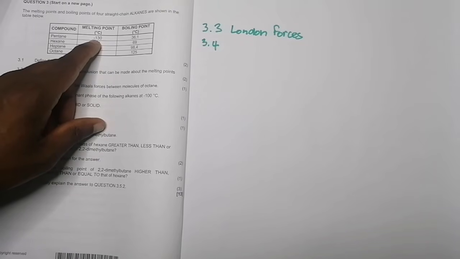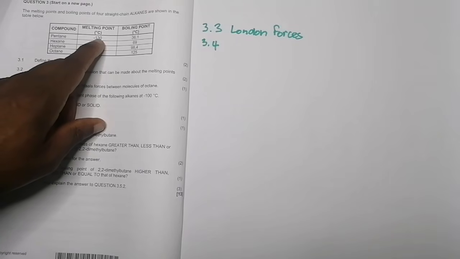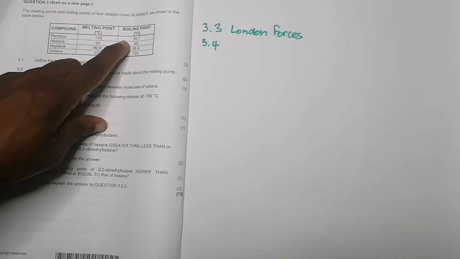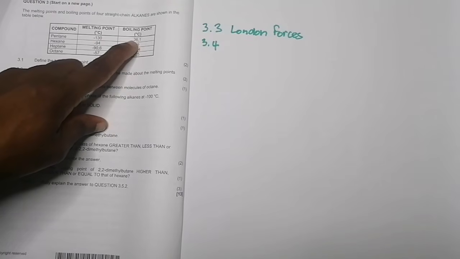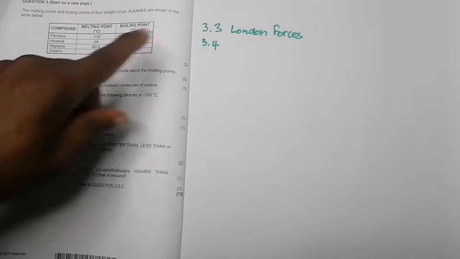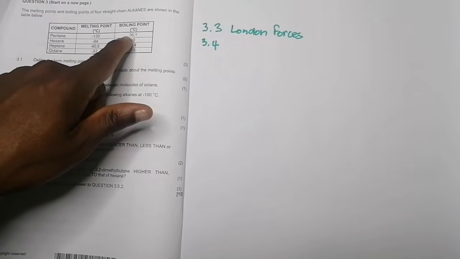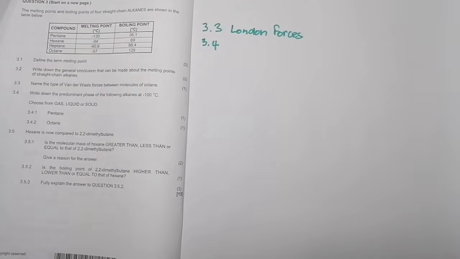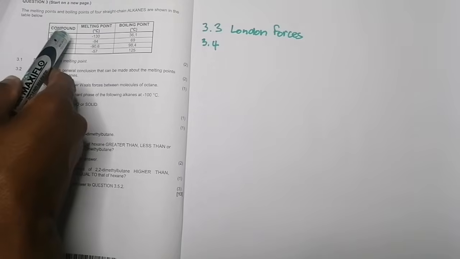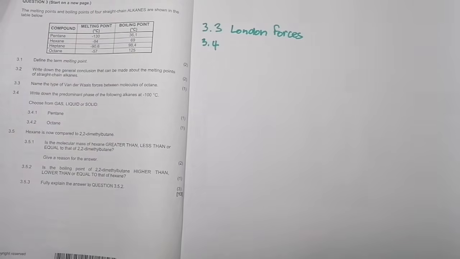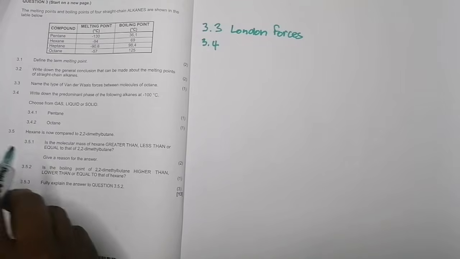But once you pass that minus 130 degrees, it starts melting and becomes a liquid. Once you exceed 36.1 degrees, then it becomes a gas. So between minus 130 and 36.1, it's a liquid. Below this, it's a solid, and above this, it should be a gas. That's how you would interpret that.